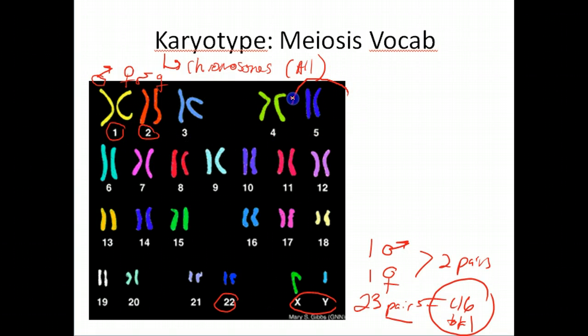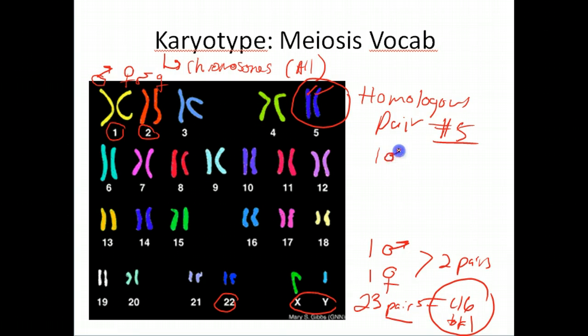Okay, so if we take this pair, each of these individual chromosomes, this one and this one, have a special name: homologous pair. So this is homologous pair number 5, okay? Again, one from dad and one from mom.